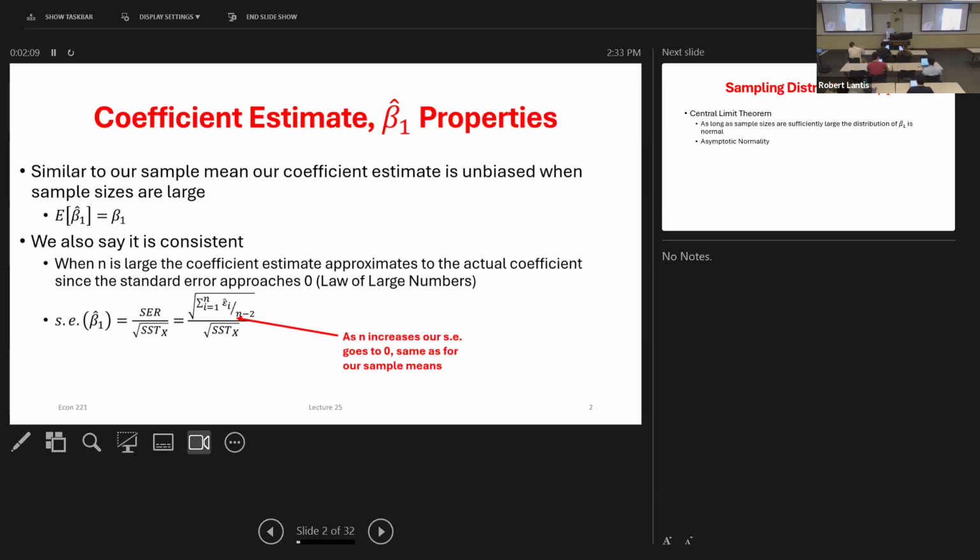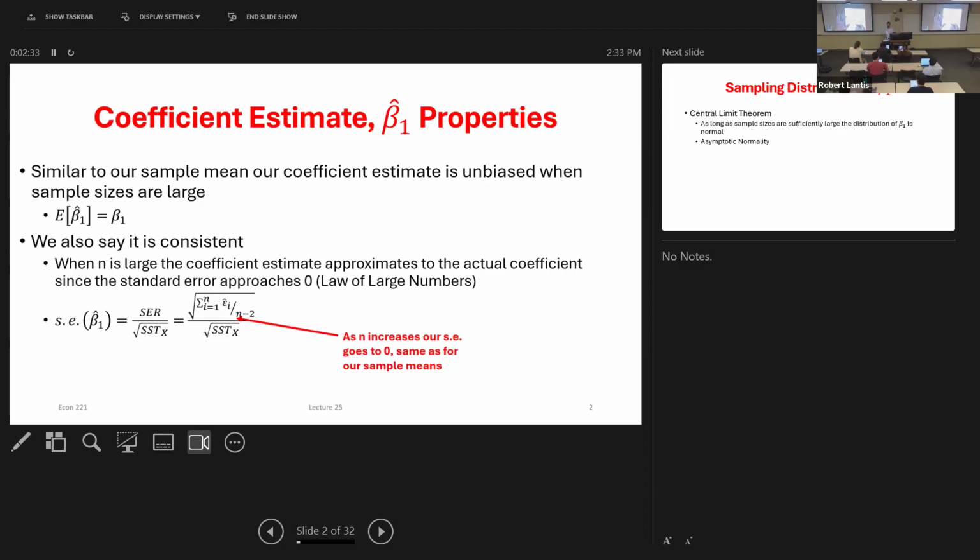So if I'm thinking about this fraction, just like if I had sample means, if I had a higher sample size, what's going to happen to this fraction? The denominator is larger, the fraction goes down, right? If my numerator is smaller, what happens to this standard error?